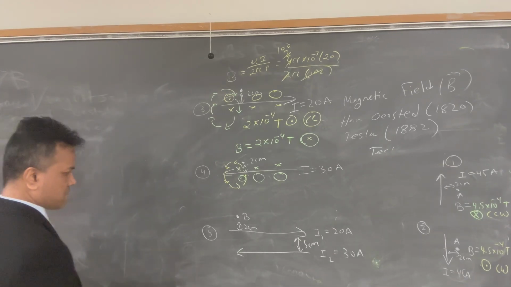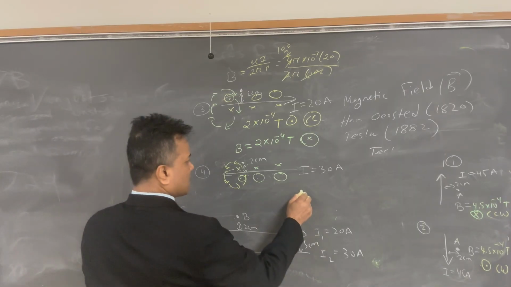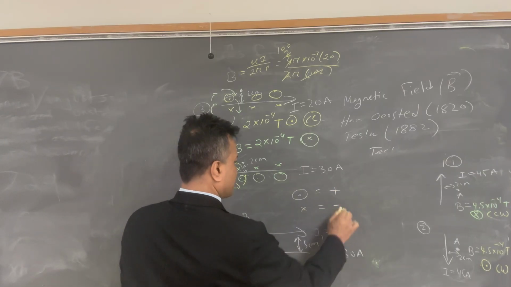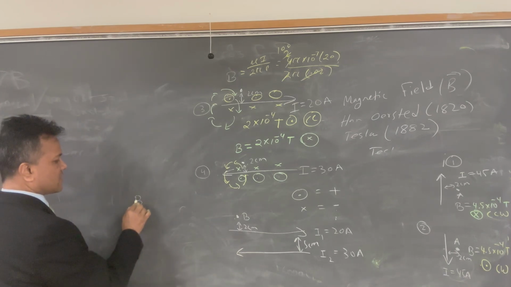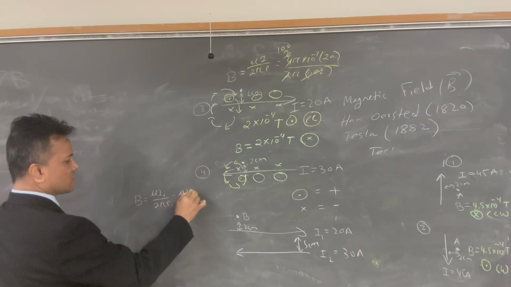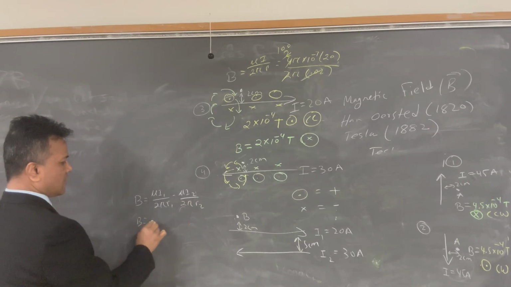Okay. Now this one is going to be, this is equal to positive, this is equal to negative. So you want to find the field over here. So the field over here is mu current 1 over 2 pi r1 minus mu current 2 over 2 pi r2. So you're going to factor out mu over 2 pi, right?